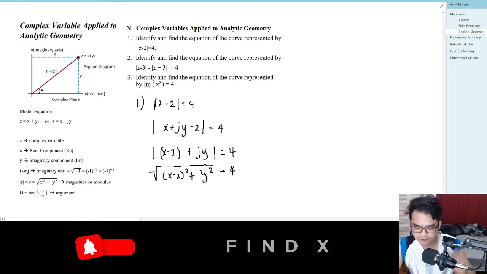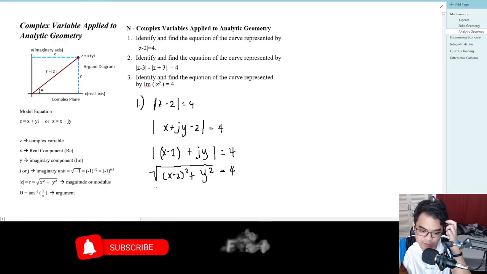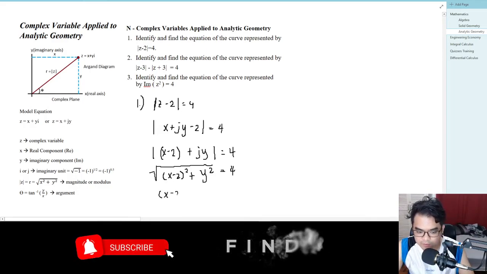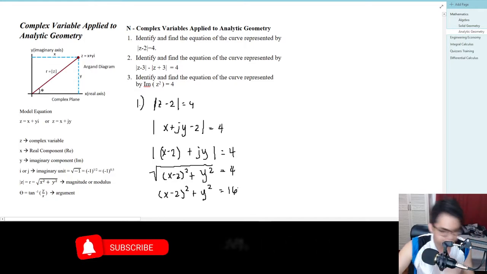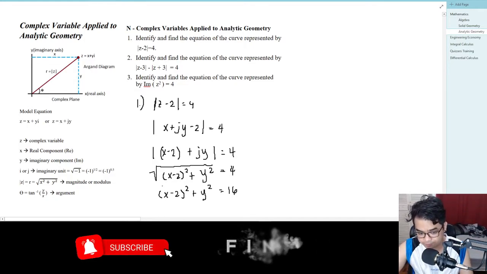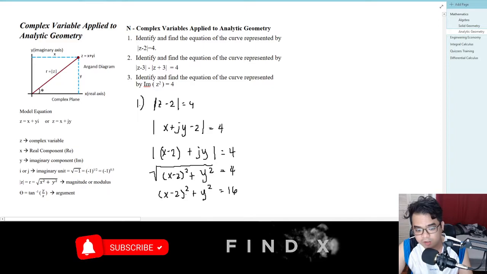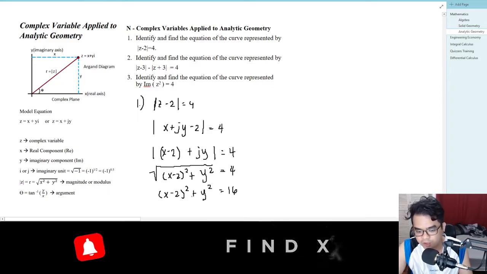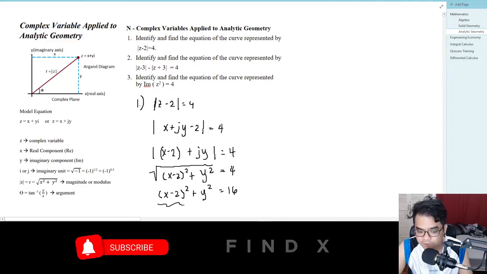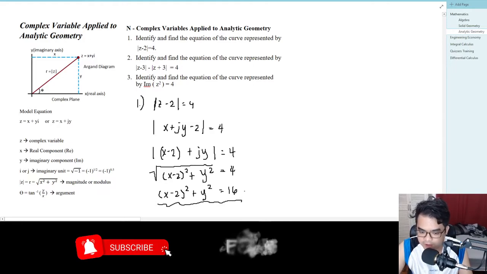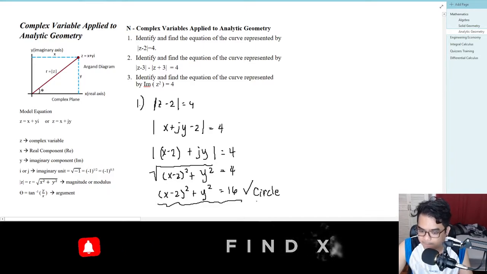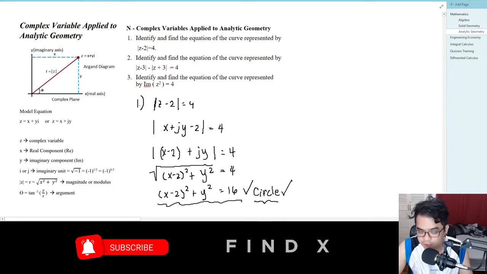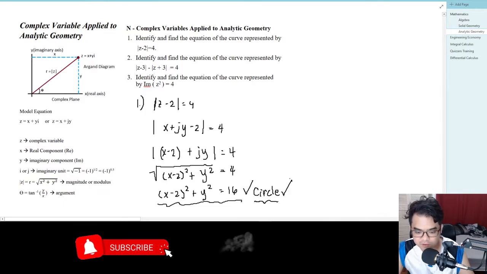If you square both sides to eliminate the square root, you'll have (x - 2) squared plus y squared equal to 16. As you can see, we have (x - 2) squared plus y squared with the same coefficient. Therefore, this is already the equation, and identifying that curve, it is a circle.